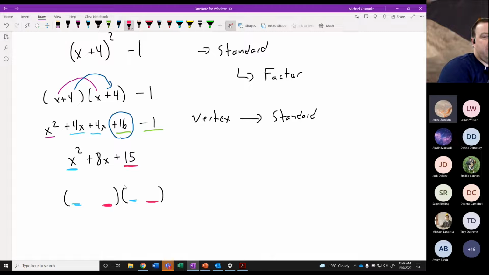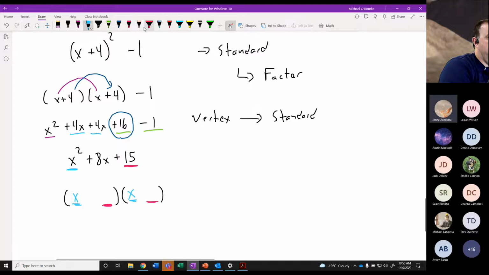Brooke, can you tell me the numbers that go in there? Three and 5, perfect.